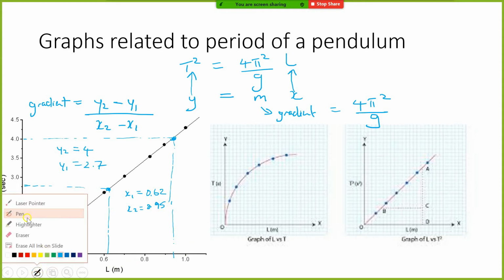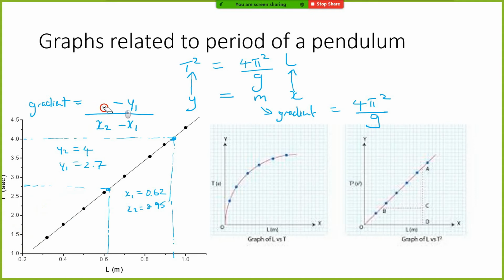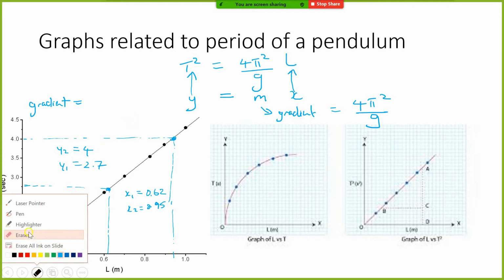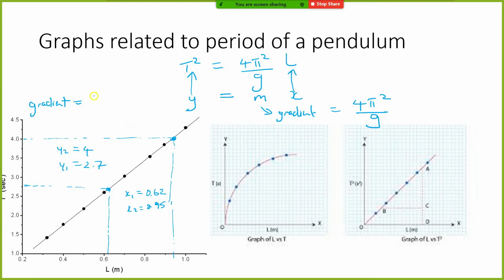What we're doing here is to find the gradient. Can somebody go ahead and try to find the gradient and see what we're getting in the meantime? So 4 minus 2.7 divided by 0.95 minus 0.62.